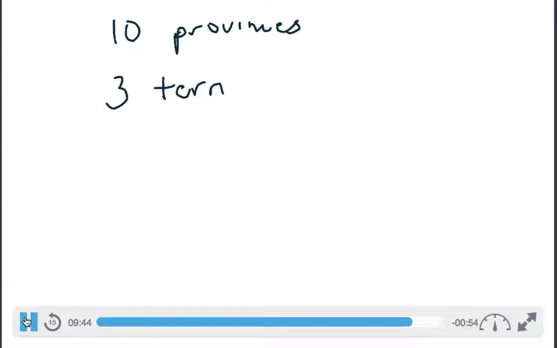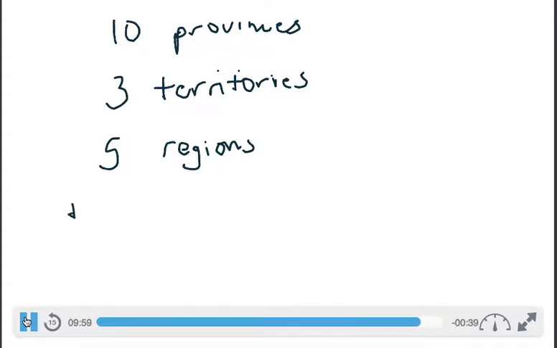Now, just to quickly review, Canada has 10 provinces, 3 territories, 5 regions, and they live near the US because of weather.